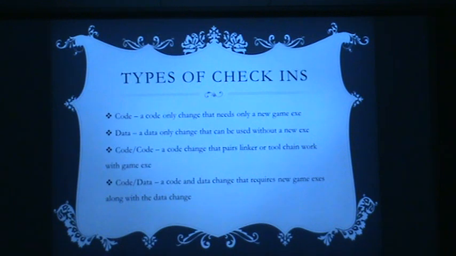This has been one of the main reasons that we do linker days in the past: to make sure that these dependent changes that would otherwise break everybody make it into the head revision in a smooth way. And then finally code data, which are like shader files, script files, other things that require a new code executable along with that data change.